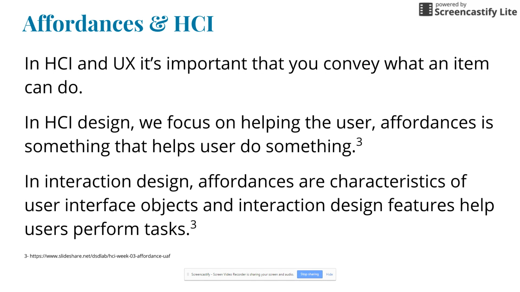Especially in HCI and UX, it's very important for us to convey what an item can do. We try to focus on helping the user, and affordances are something that can help the user do something. In the case of interaction design, affordances are characteristics of user interface objects and interaction design features that help a user perform a certain task.